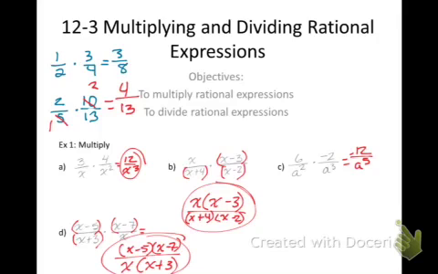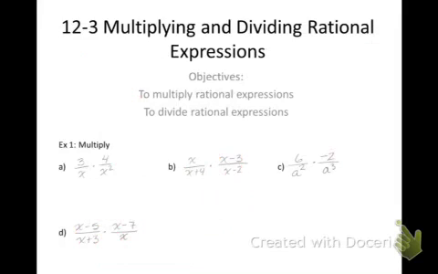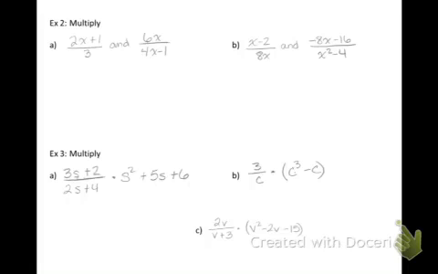Okay. So, example 2. Now we're going to get a little bit more difficult. We have to factor. So, it says to multiply. They use the word and.